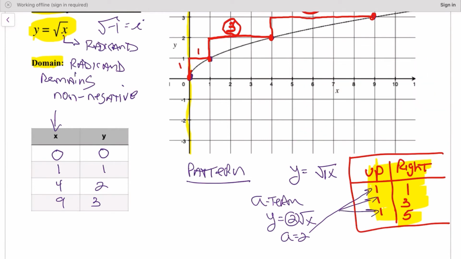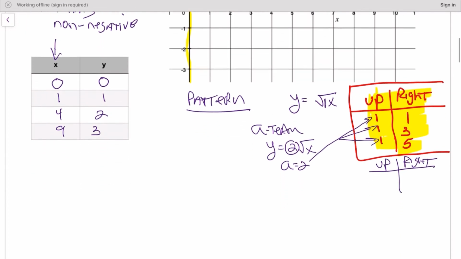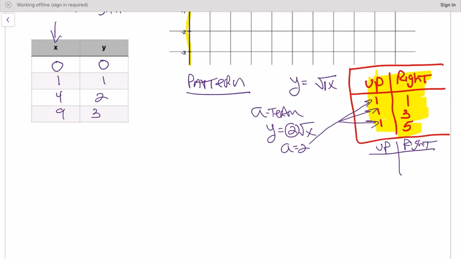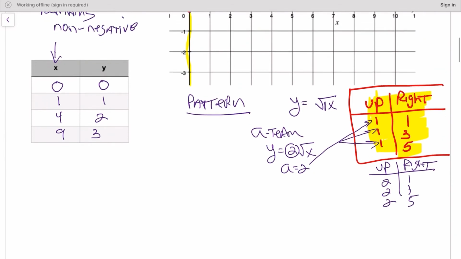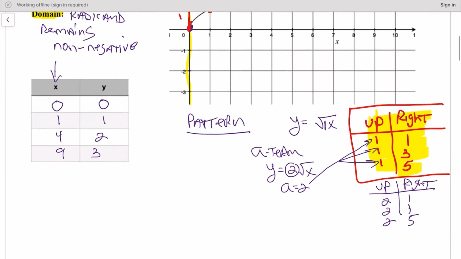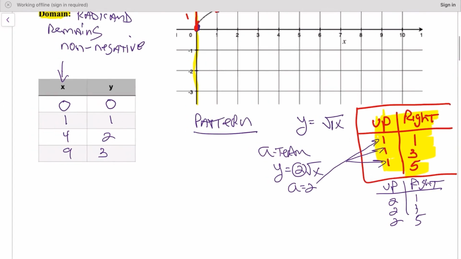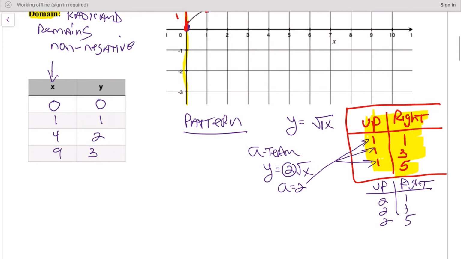So instead of going up 1, up 1, right 3, and then up 1, right 5, our new table would now be 2, 2, 2, 1, 3, 5. And again, I'm going to do this in detail when we do the graphs for real. So that's our full pattern. Hopefully that made sense.